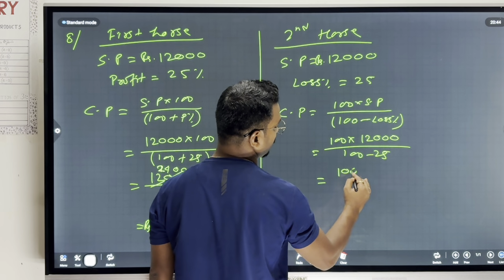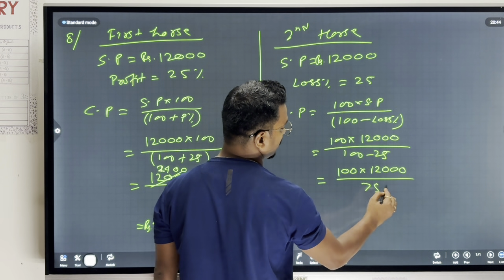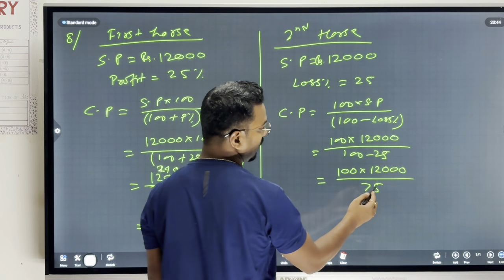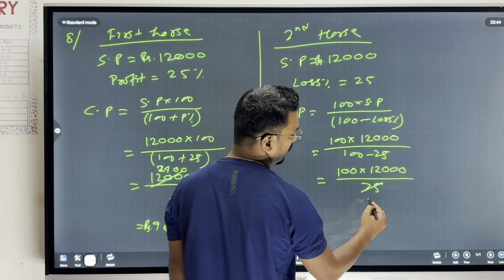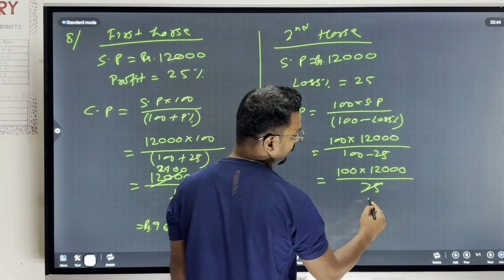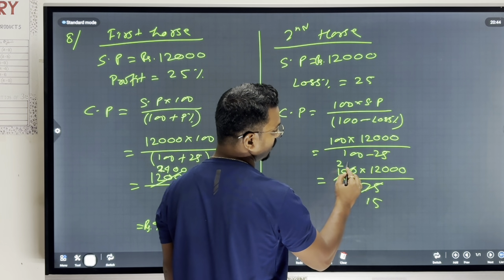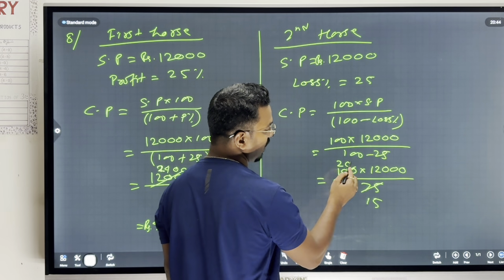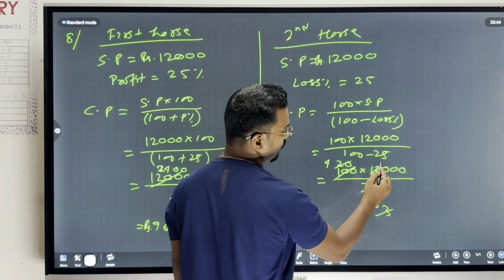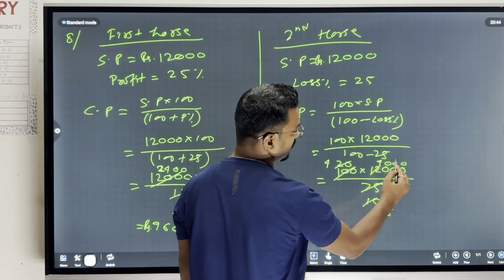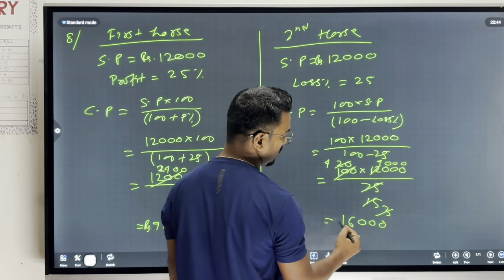So it will become 100 into 12,000 divided by 75. So if you cancel by 5, again if you cancel by 5, how many zeros? 3 zeros.